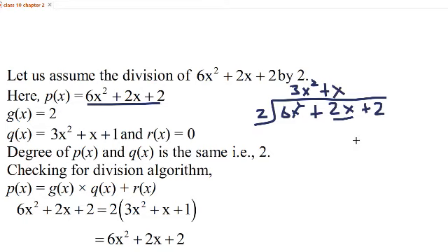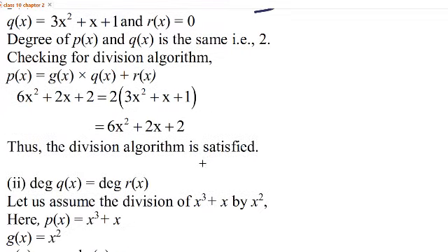So this will also be cancelled. And what should be multiplied to 2 to get 2? 1. 2 1s are 2. Therefore the quotient we got is 3x square plus x plus 1. Got it? So now you see the degree of q is 2 and degree of p is also 2, because we followed this simple rule that we need to take the divisor as a constant.